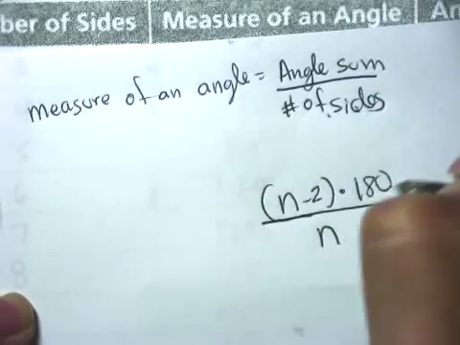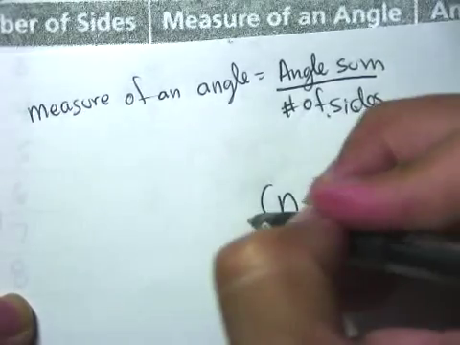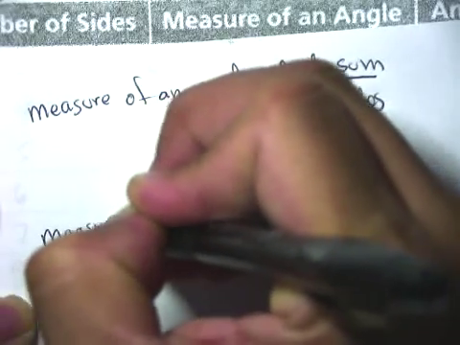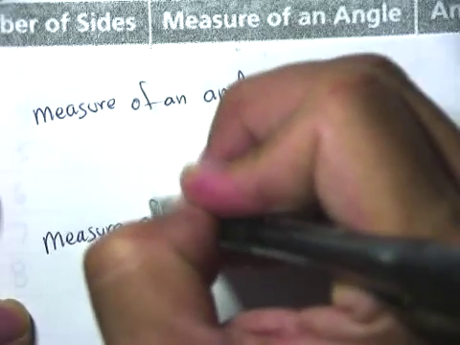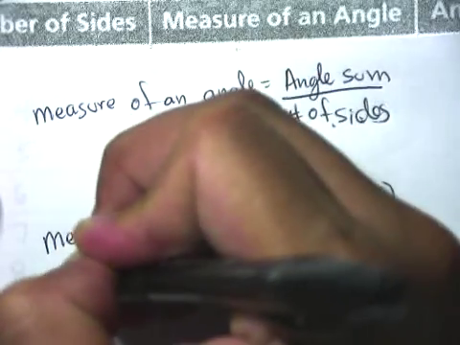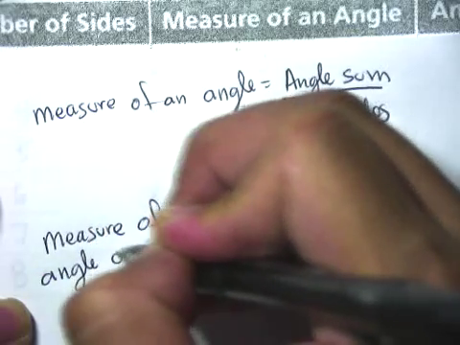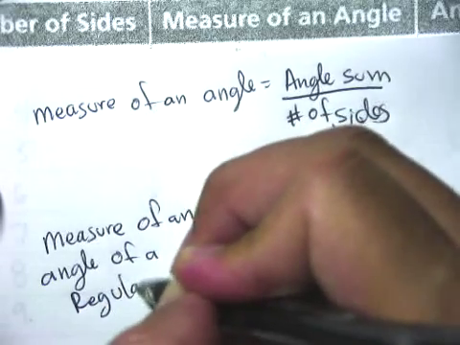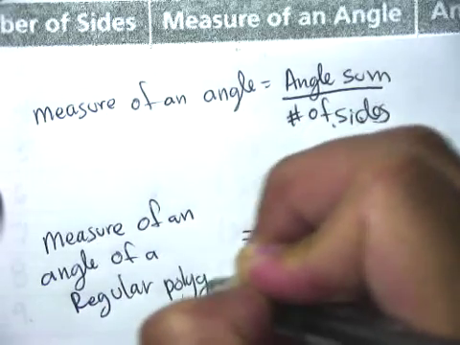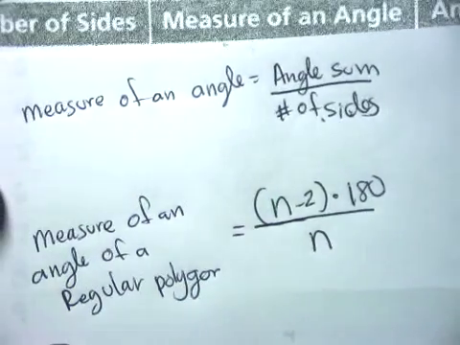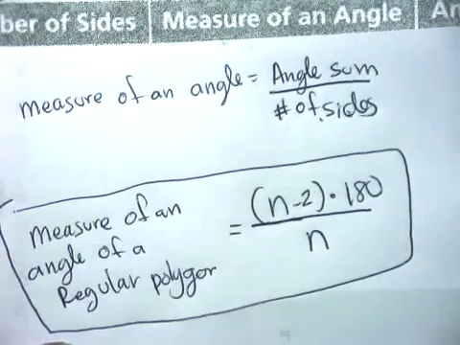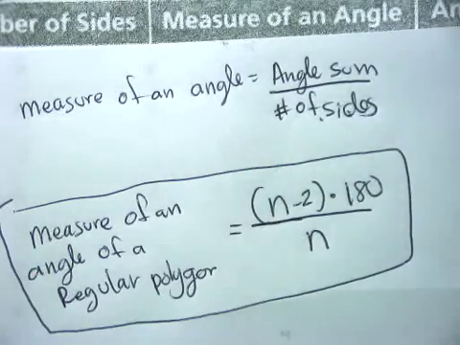So I'm going to have n minus 2 times 180, angle sum on top, number of sides on the bottom, is equal to the measure of an angle of a regular polygon. Okay, this is what you need in order to solve your homework today.